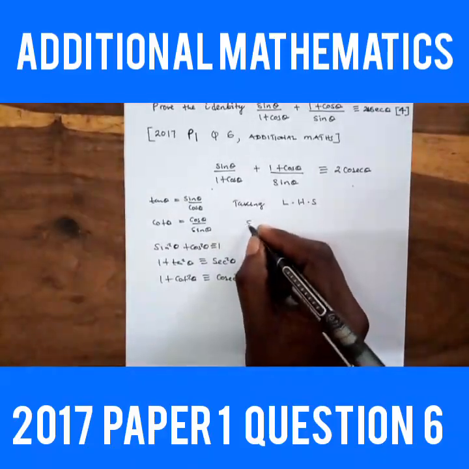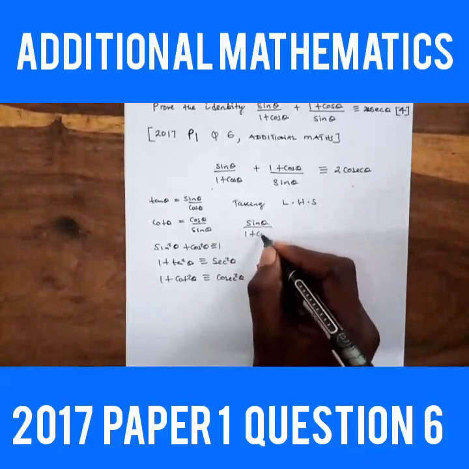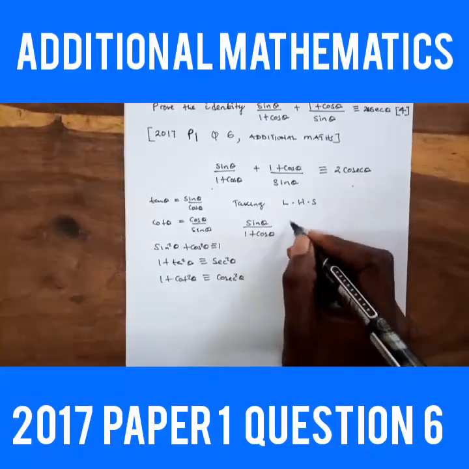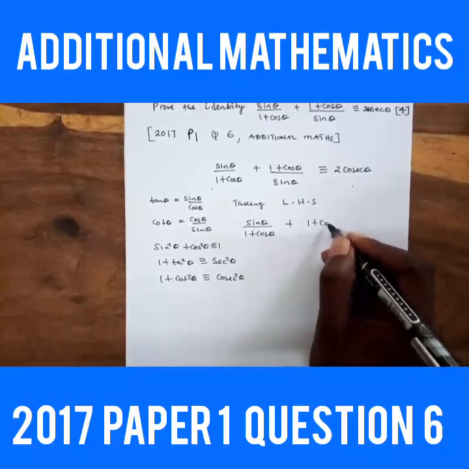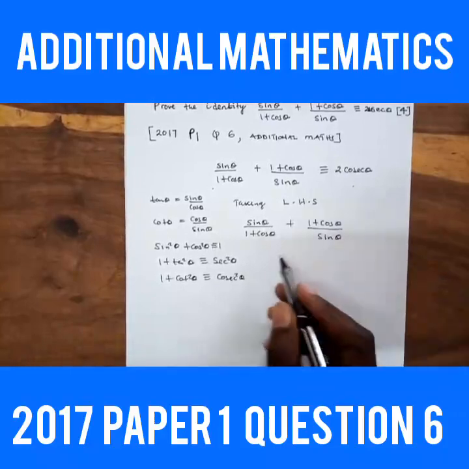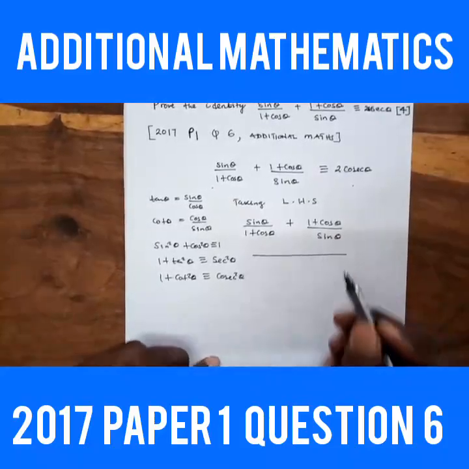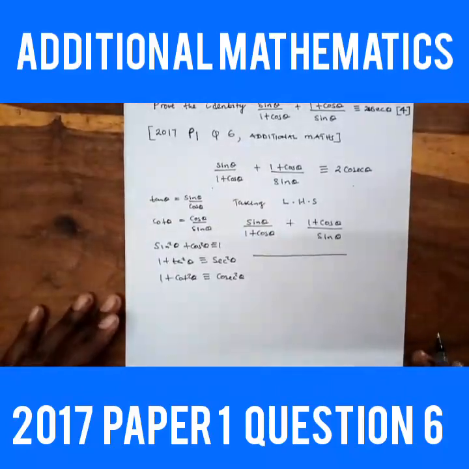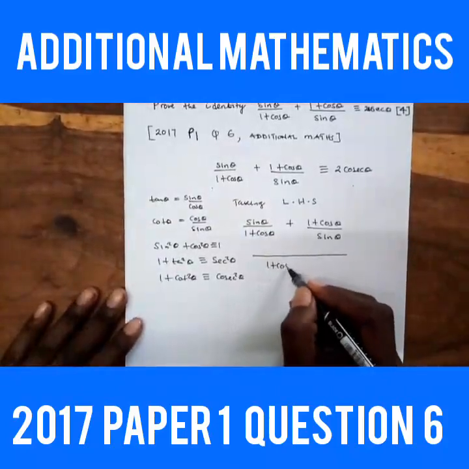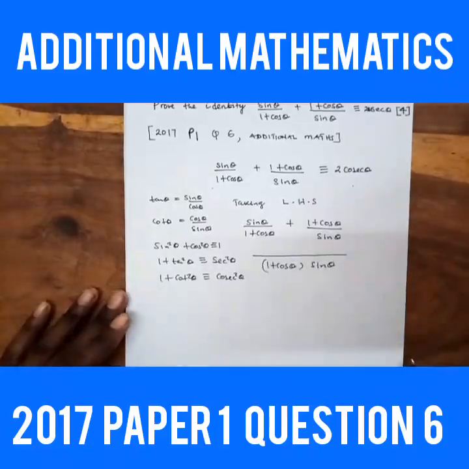So we have sine theta divided by 1 plus cosine theta plus 1 plus cosine theta divided by sine theta. What we're going to do here is look for a common denominator. 1 plus cosine theta and sine theta are our common denominators.